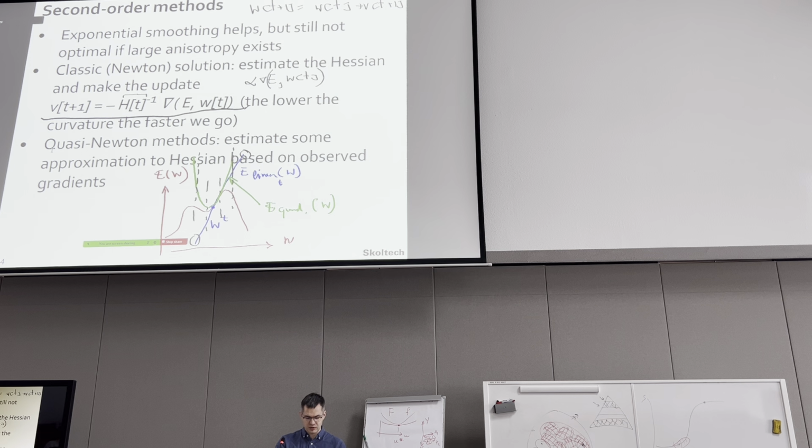It's the matrix of the second derivatives of our function at the point w_g. So basically, we take the matrix of second derivatives, the Hessian, we invert this Hessian, and we obtain a more efficient update.